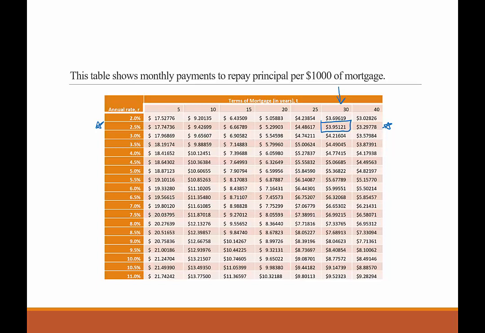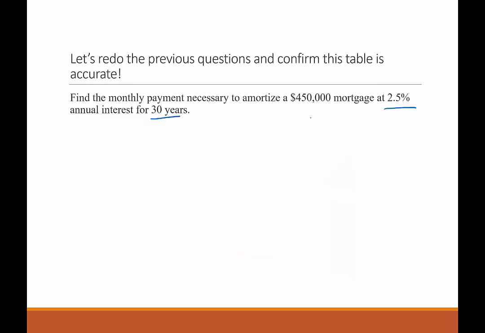I'm paying $3.95121 per $1,000. And we need all of those numbers. Even though that's not an actual cent amount, we still include this whole calculation. So we're going to take this 395,121, and remember this is per $1,000.